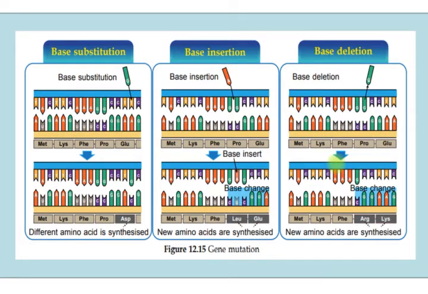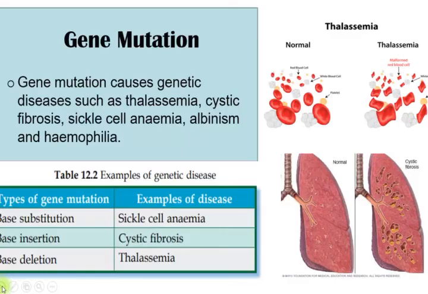So that is referred to as gene mutation. Gene mutation causes genetic diseases such as thalassemia, cystic fibrosis, sickle cell anemia, albinism, and also hemophilia.